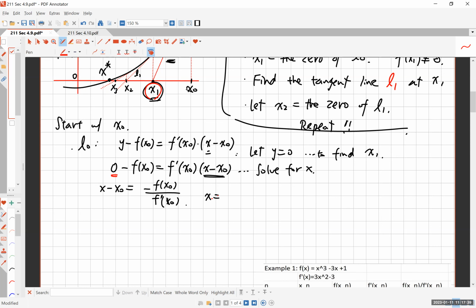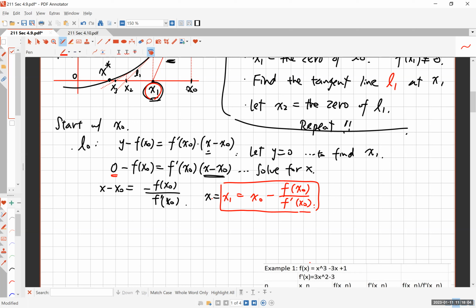So x, in this case x1, what we are looking for, the next point, turns out to be x naught minus f of x naught divided by f prime of x naught. Get that? This is our formula for finding x1 based on x naught.